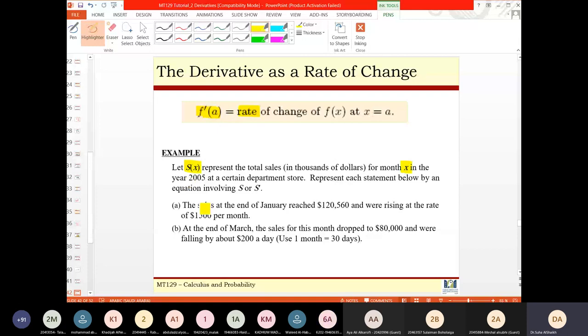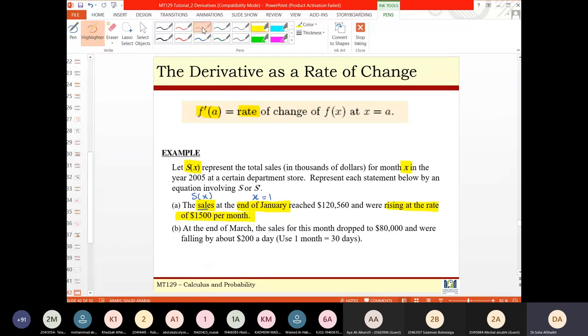Write this using S and S dash. First, I want the sales at the end of January. January means month 1, right? I'm talking about X1. I want the function S of X. Write an expression to show that the sales at the end of January, month 1, reached $120,560 and were raising by a rate of 1,500 per month.